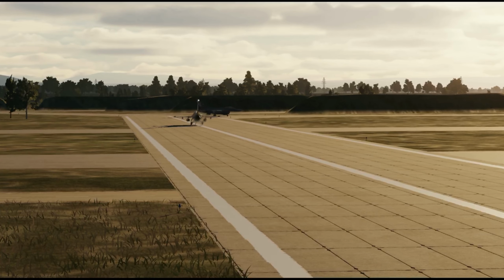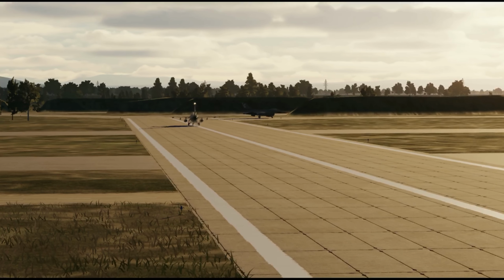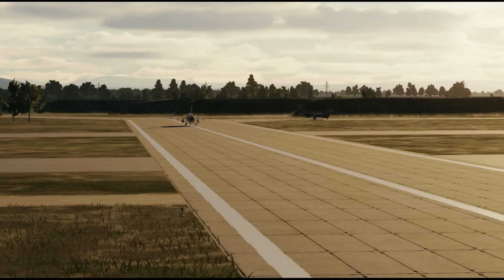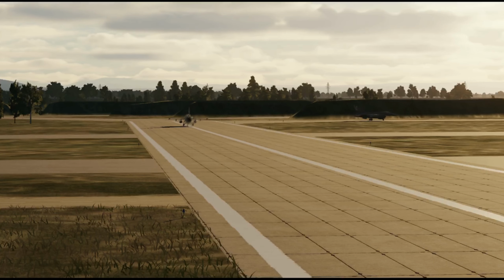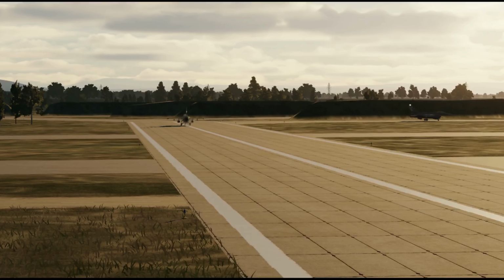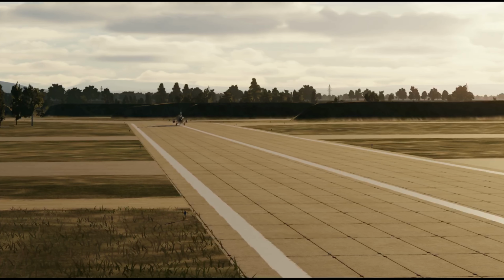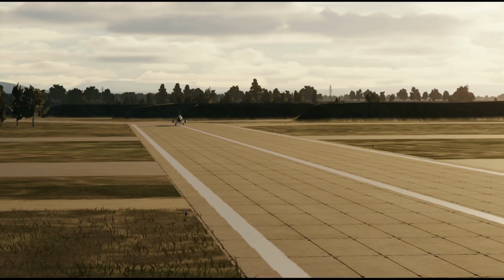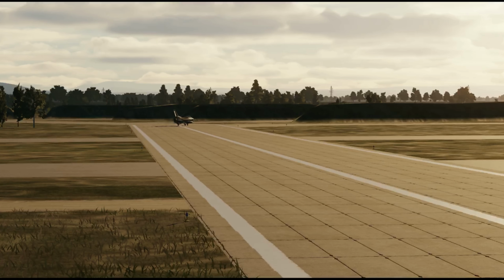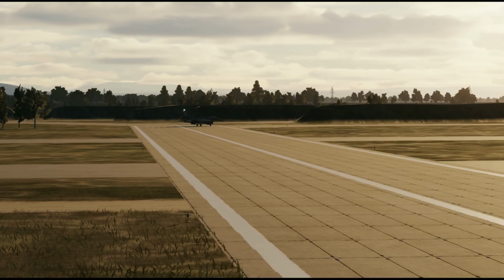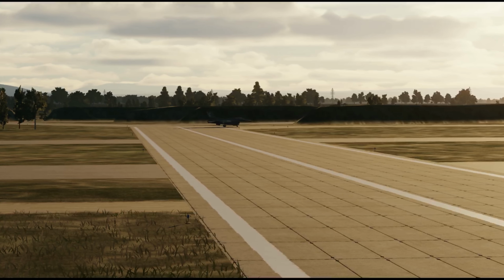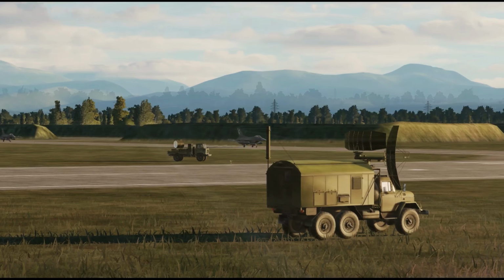What it really comes down to is you want to have procedures that are easy to remember, considerate of each flight member when it comes to the execution. The biggest thing I can tell you is the power management is going to make or break how hard or how easy it is for you to join up with your flight members.